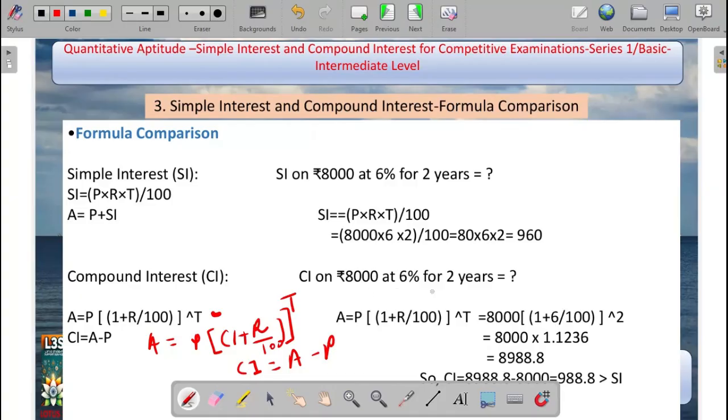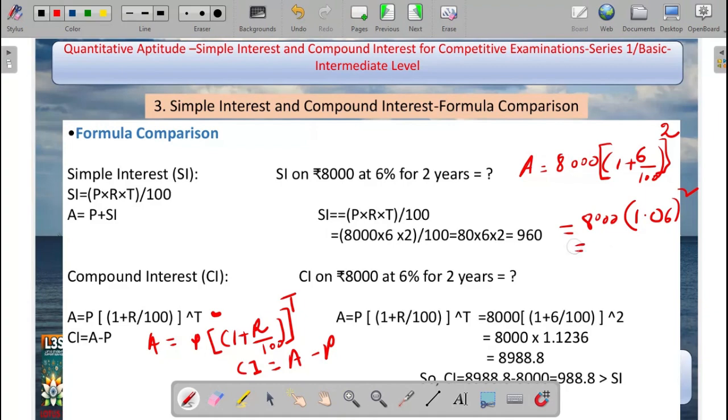One example here, 8,000 rupees at 6% for 2 years. So by this formula, P is 8,000, so 1 plus R by 100. R is how much? 6. 6 by 100 to the power 2. So 8,000 into 1.06 to the power 2.